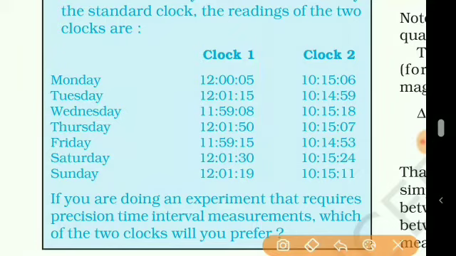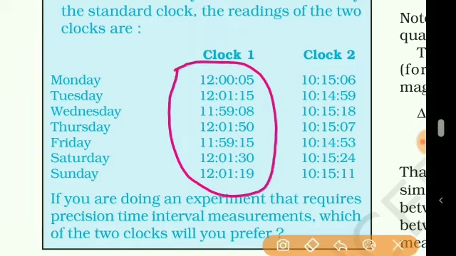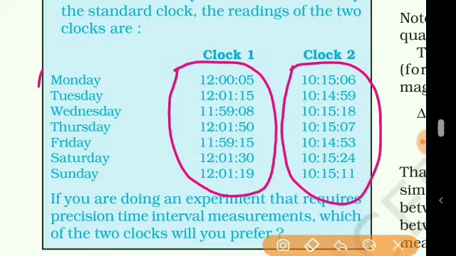So now students, you have to simply check the minimum and the maximum time of the first clock as well as of the second clock for these 7 days. Now the minimum time for the first clock is 11 hour 59 minutes and 15 second, and the maximum time it shows is 12 hour 1 minute and 30 second.